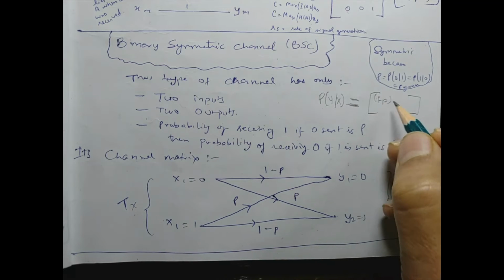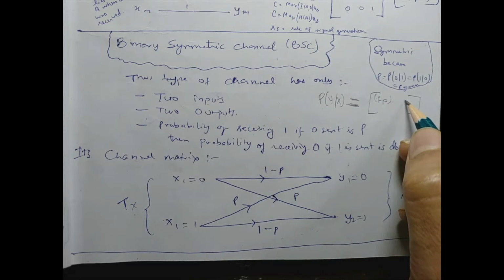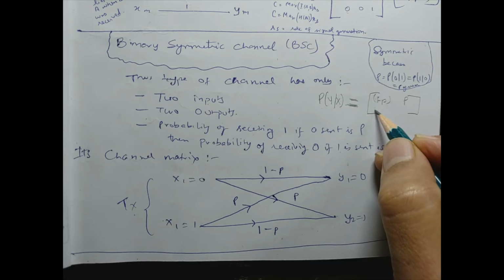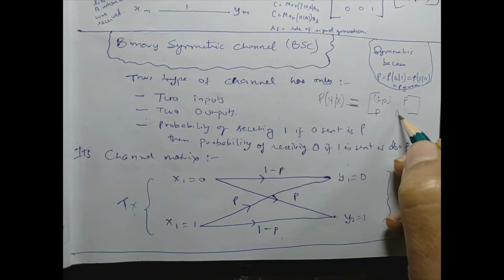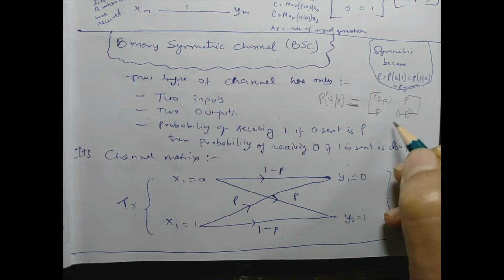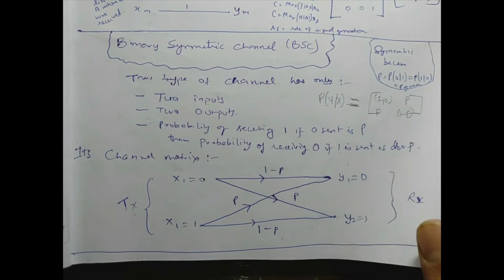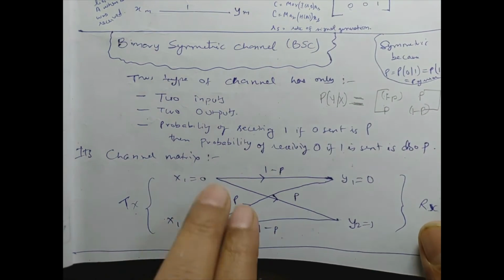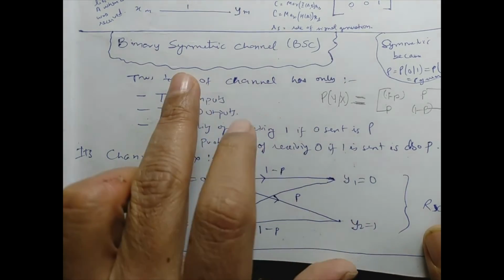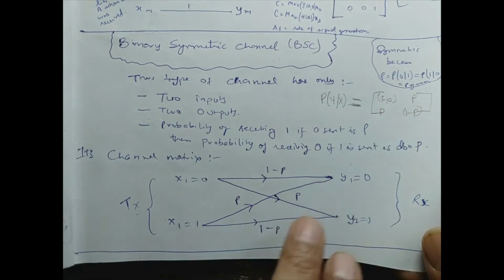The probability of y2 due to x1 is p. The probability of y1 due to x2 is p. The probability of y2 due to x2 is 1 minus p. That's how you can make the channel matrix. Better you just remember this drawing and the associated name. These details can be found from this.